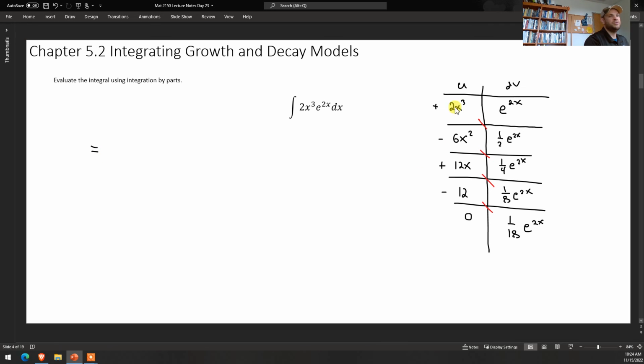Let's see, 2 times 2 gives us 1. So the first term is x cubed e to the 2x.